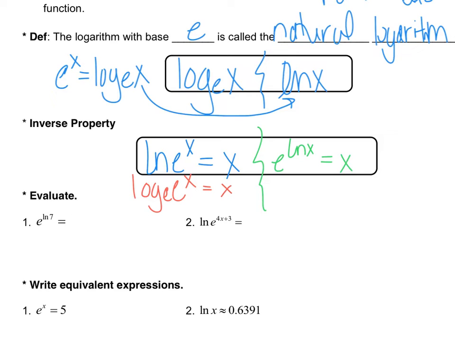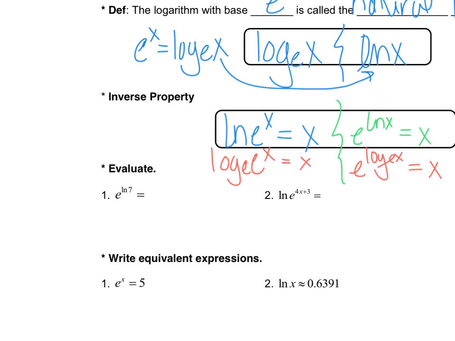When you have an exponential function and a log inside of it, these two quote-unquote cancel each other out, and you're left with just x. These are properties that you've already used. We're just applying them to the natural log now.